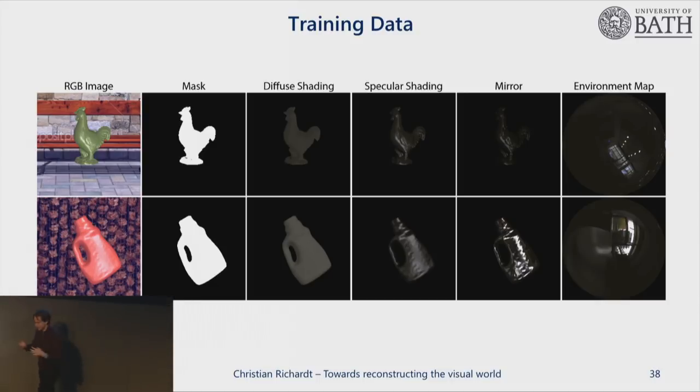In our data we also use different environment maps that we captured, for example indoor environment maps, so we have some variation there as well, which makes it more robust to different lighting environments. We do some additional data augmentation on that. We rotate them, for example, to make the training data more complex, even though it's all completely synthetic, because we want to make it as general and as flexible as possible.